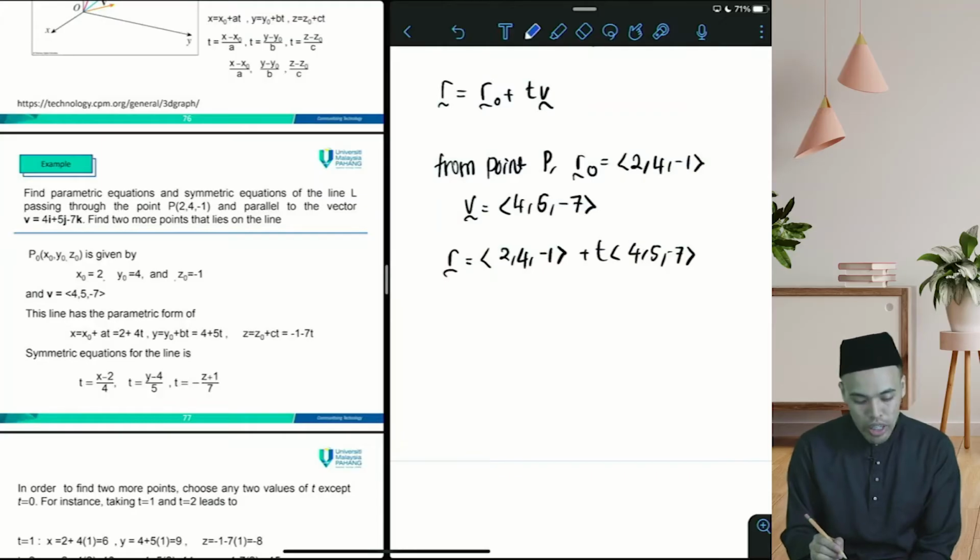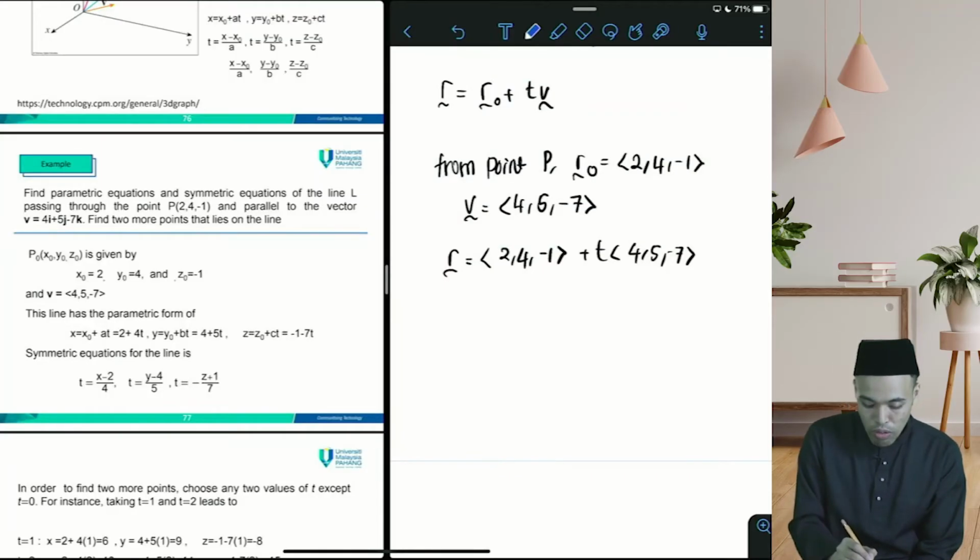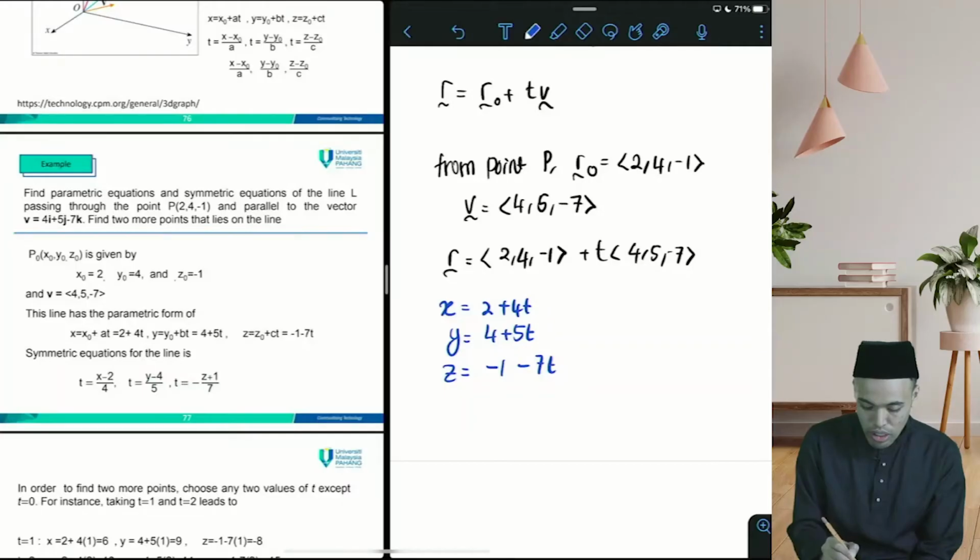From here, the question asks you to determine the parametric equation of a line. Therefore, the parametric equation of the line is x equal to 2 plus 4t, y equal to 4 plus 5t, and z equal to -1 minus 7t. So, you are done with the parametric equations of the line.